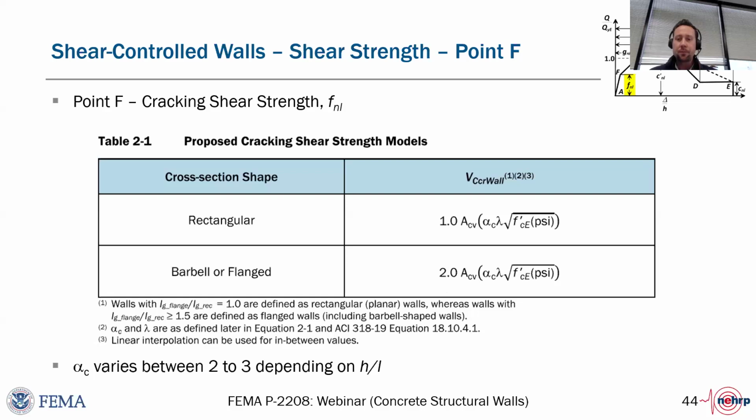The idea is that you get a higher cracking strength when you have a flanged wall. If you conceptualize your strut and tie behavior, you might find that there's some influence on the strut when you have that flange. And effectively, the outcome is that your cracking strength, if you were to idealize this as a trilinear curve, is higher, or double in this case, of what you would get for a rectangular wall.